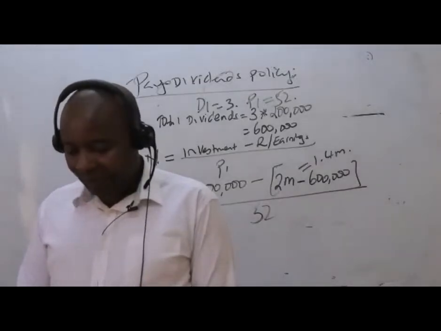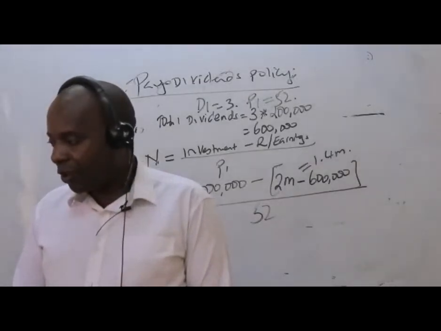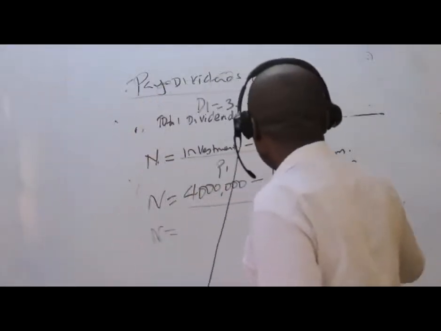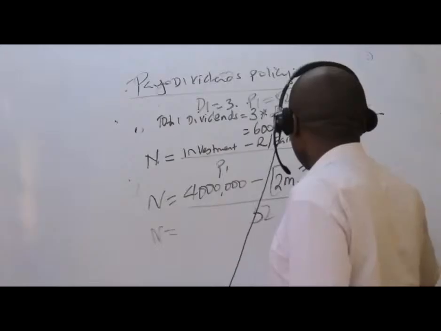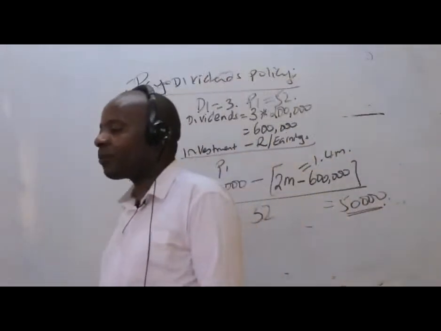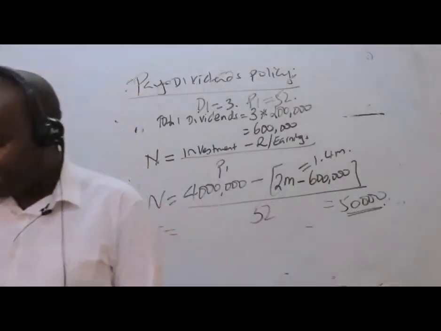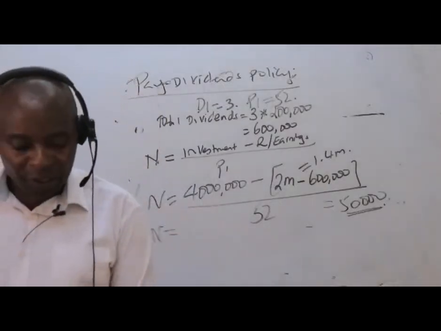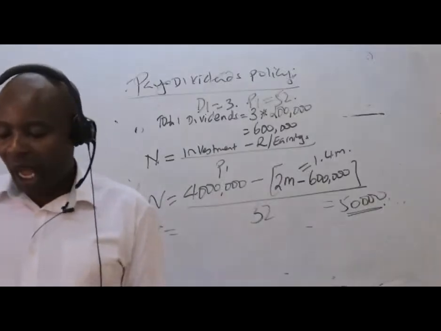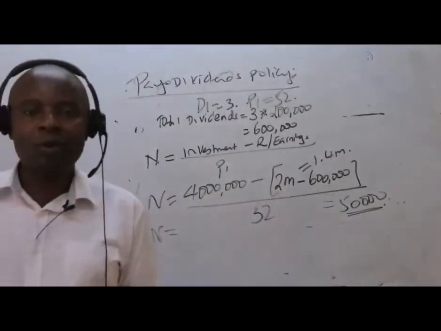No, 50,000, sorry. So this one equals 50,000. And for sure, once you give me this number of new shares, I will very easily be able to give you the value of the firm.